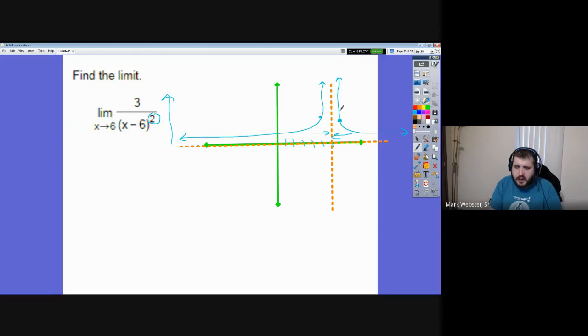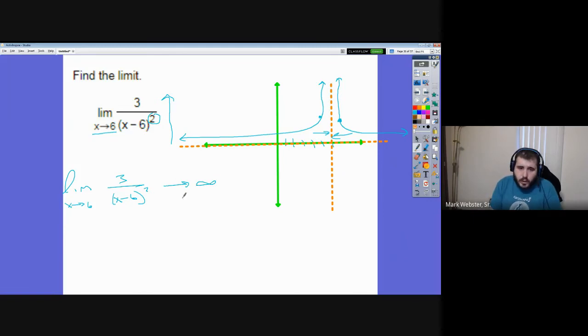So if we look here, the limit as x goes to 6, well, what is this approaching? This approaches infinity.